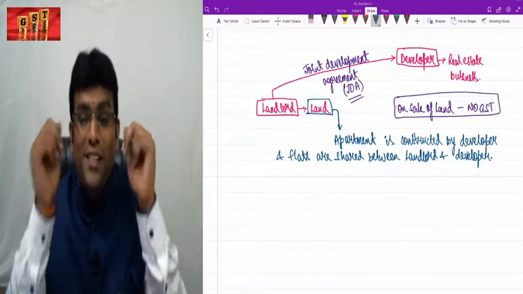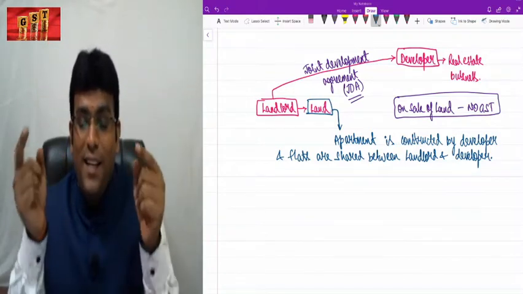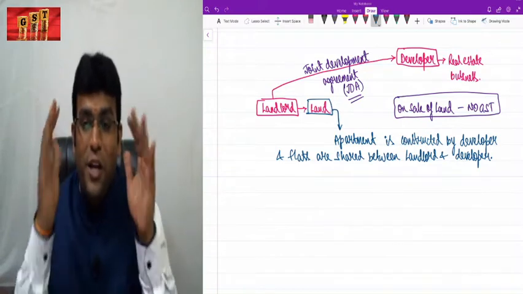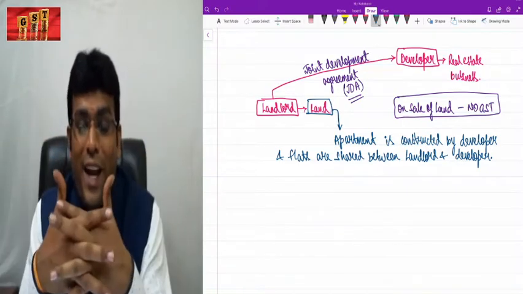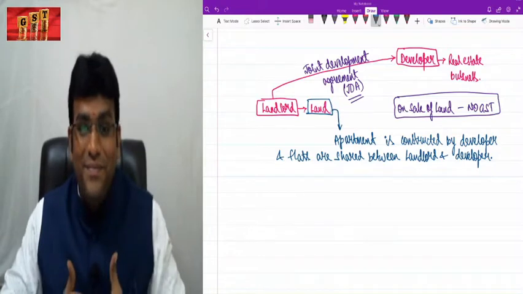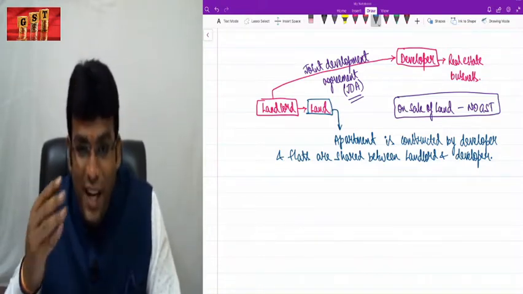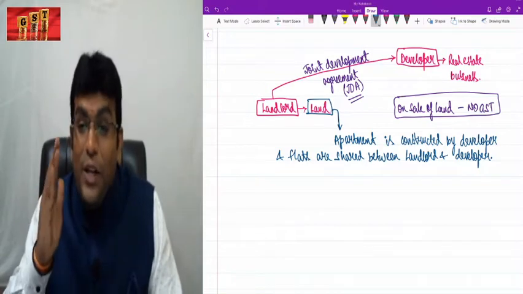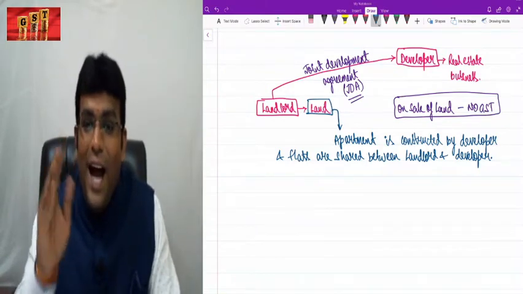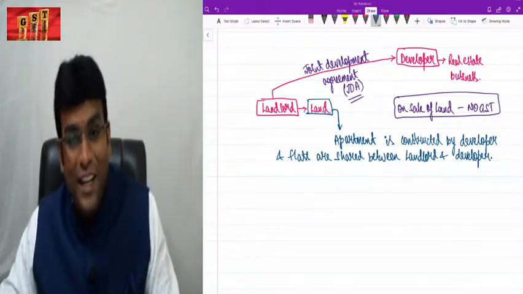So one person is the owner of land. One person is investing money for construction. So both of them are coming together for getting apartments ready. That is why it is called a joint development agreement. Getting clarity, friends?